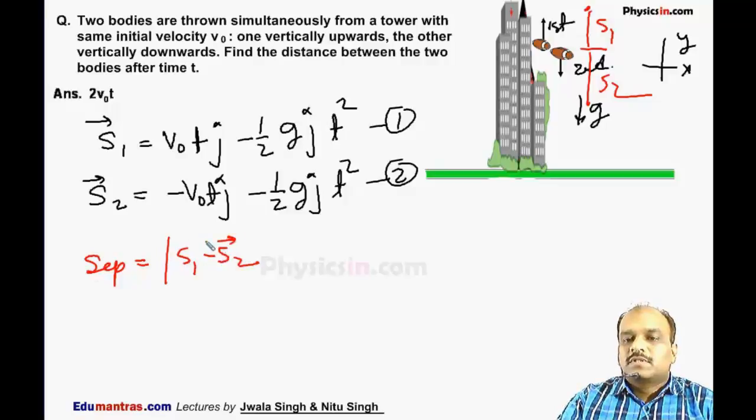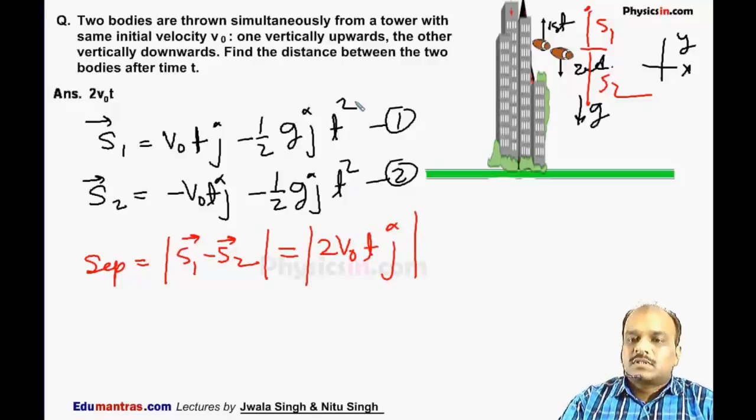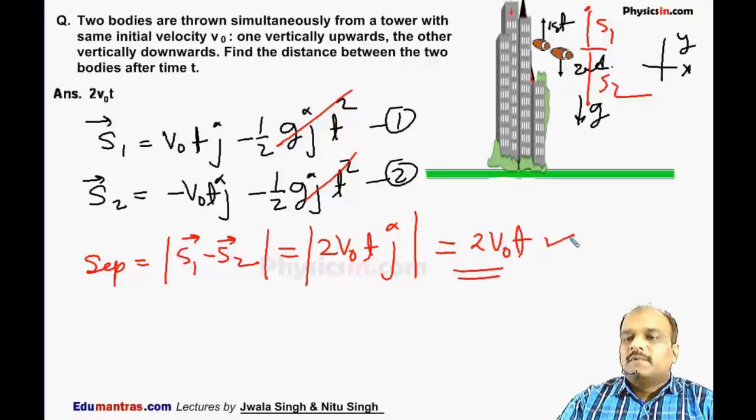Now if I subtract, we get 2 v naught t j cap, modulus of this, because the other two terms will cancel out. So we get 2 v naught into t. This is the separation between the two balls after time t. So this is your answer.